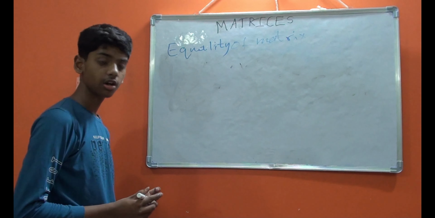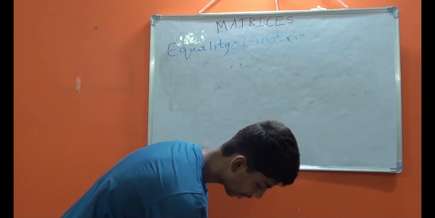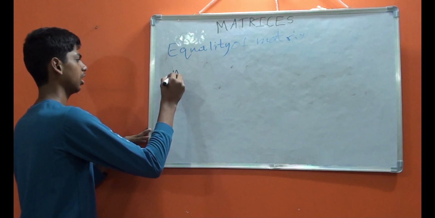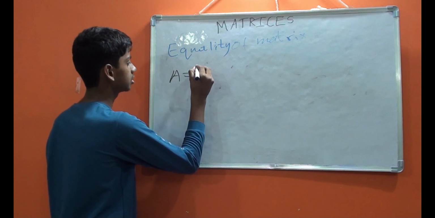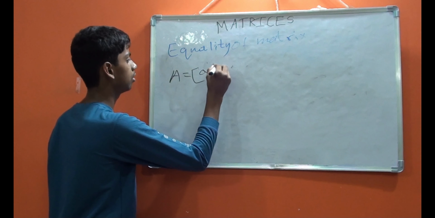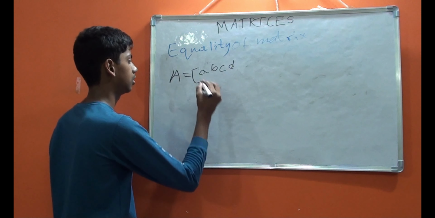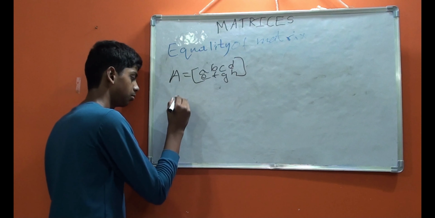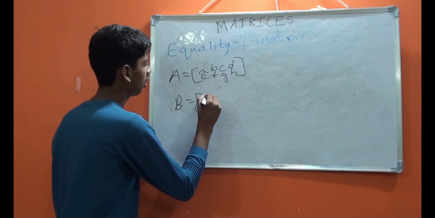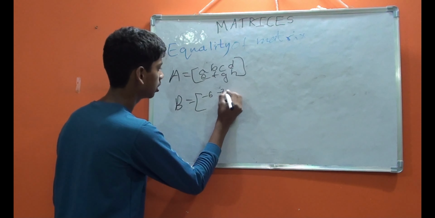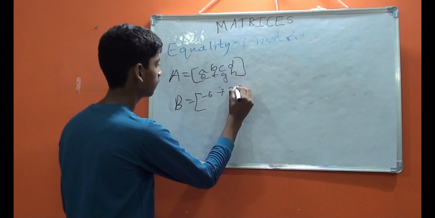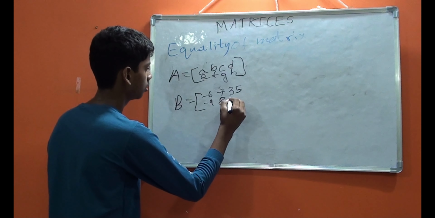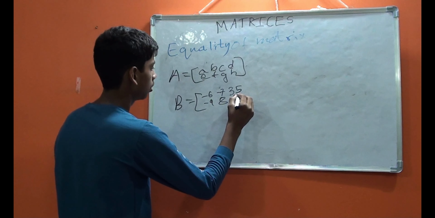So now let's learn about the equality of matrices. So now let's take matrix A as a, b, c, d, e, f, g, h and B as -6, -7, 3, 5, -9, 8, 1, 4.